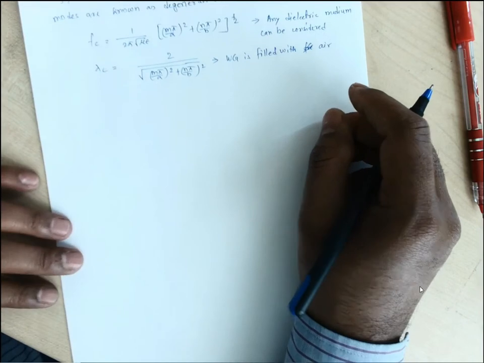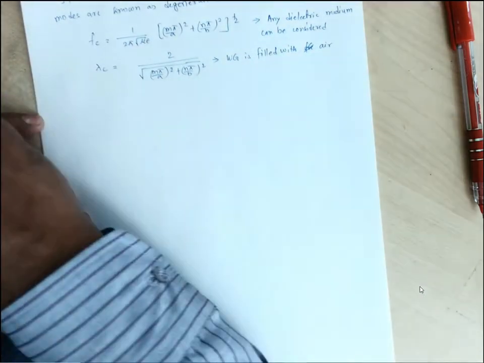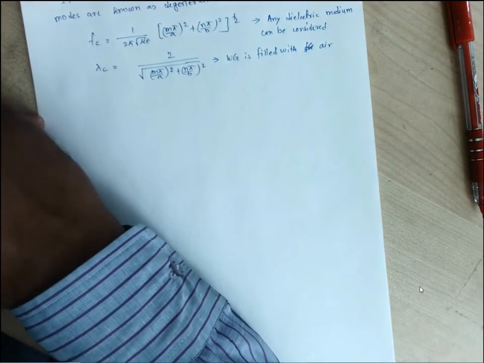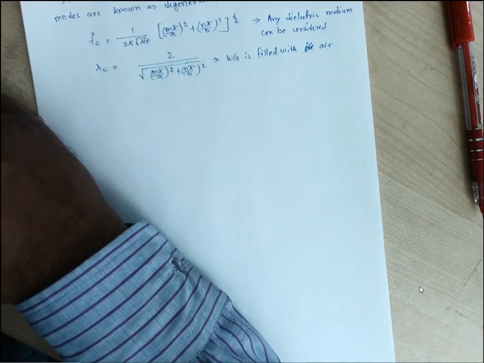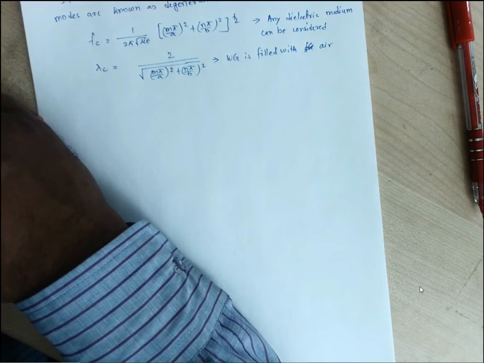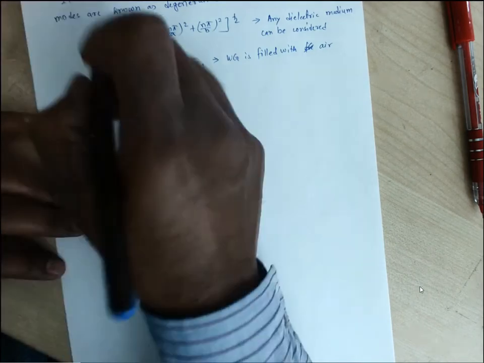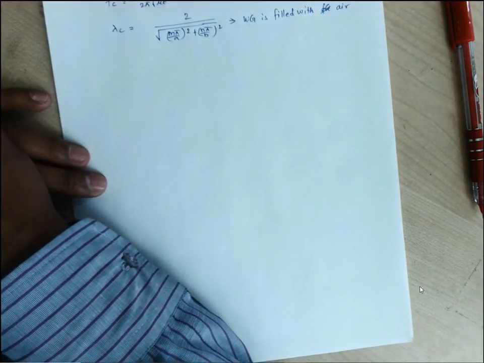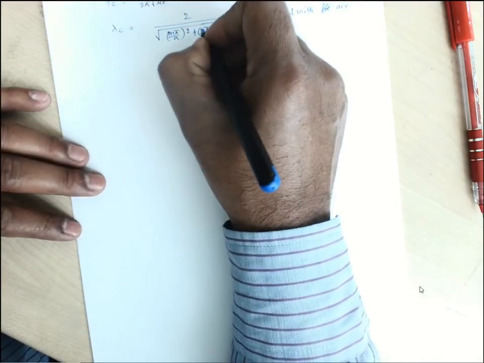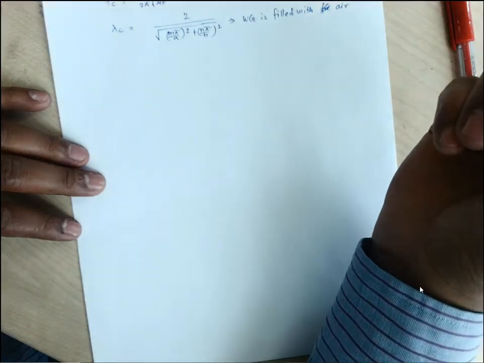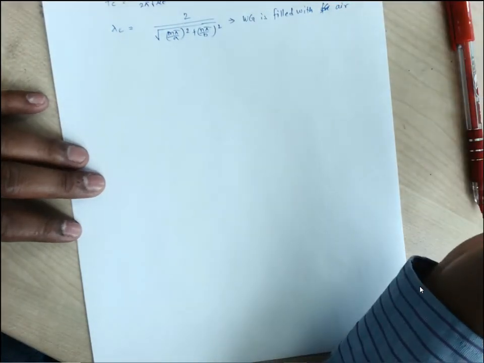Okay, now from this expression you tell me when two different modes can have the same cutoff frequency, or the same lambda c. Now if we consider TE01, 01 means m is 0 and n is 1, so we have some value of cutoff wavelength.